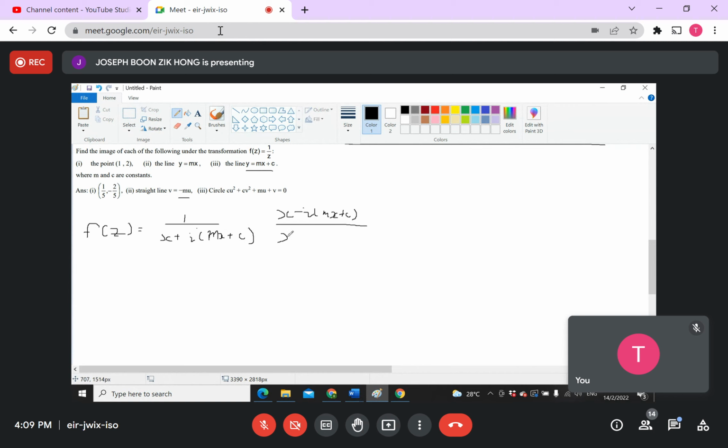Still possible to proceed, but it will become very complicated, and maybe you cannot get this equation. You can get some equation, but not this equation. You will get x minus i(mx plus c), and then divide by x squared plus (mx plus c) squared.